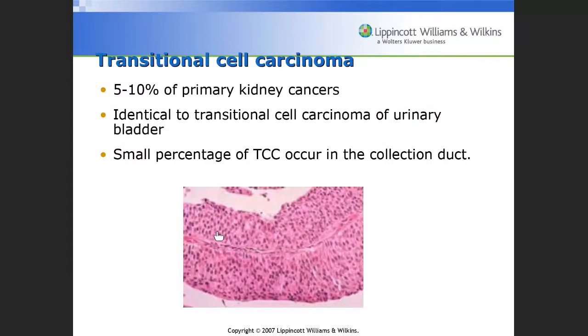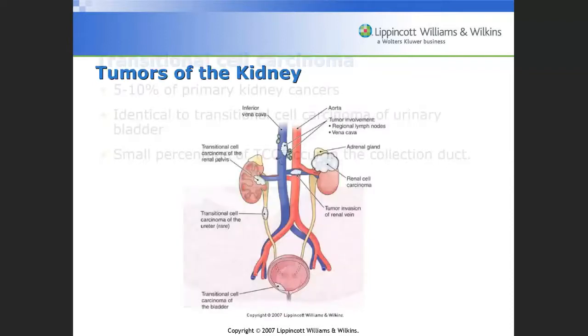Now, lastly, transitional cell carcinoma, not as frequent as renal cell carcinoma, cancer-wise. And these transitional cell carcinomas can be seen everywhere, particularly in the urinary bladder, right? Whereas Wilms tumor and renal cell carcinoma are only found within the kidney.